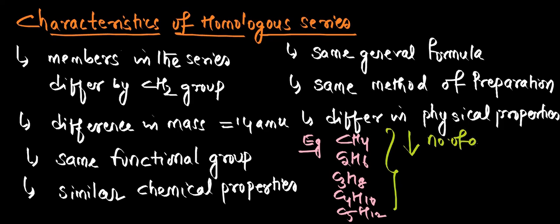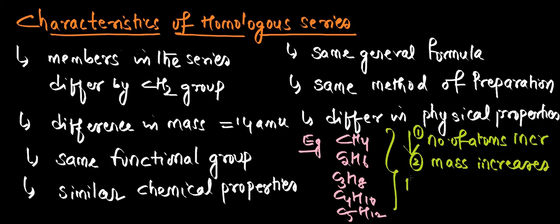Number of atoms increasing. Why is it increasing? Because when you go to the next member in the series, there is addition of CH2. So the number of atoms is increasing. If the number of atoms increases, the mass of the compound also increases. If mass increases, what happens to density? Density is nothing but mass by volume. So as mass increases, density also increases.